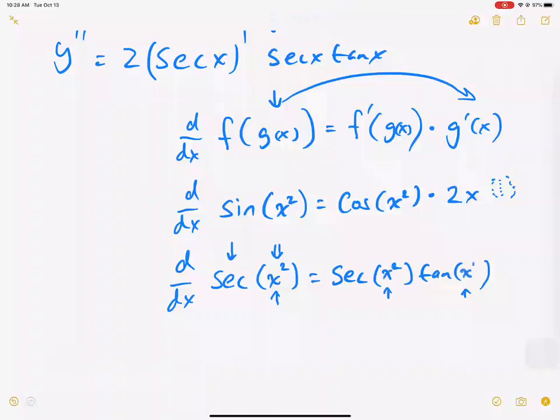We multiply by the chain rule, which is the derivative of x squared, which is 2x. So the pattern is: derivative of the outside, leave the inside alone, multiplied by the derivative of the inside. And that's always the case.